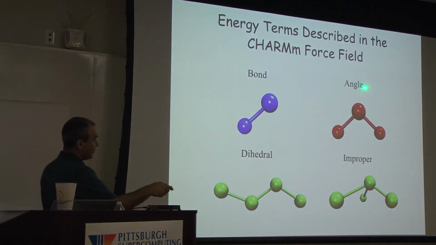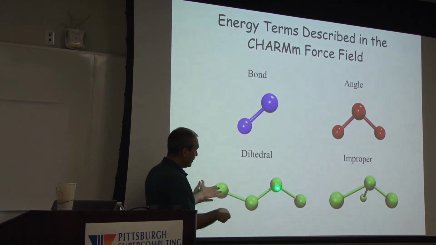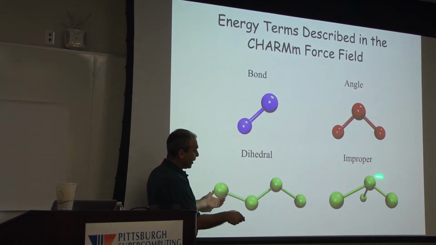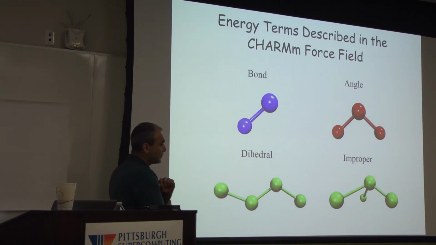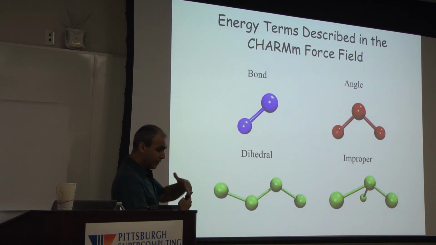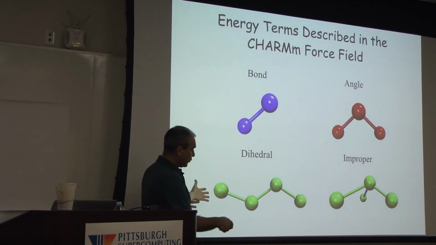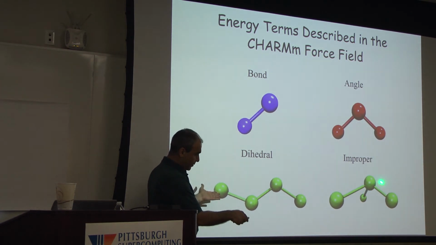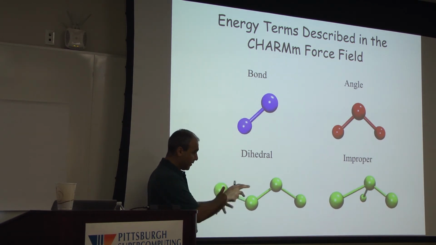So we talked about bonds, angles, dihedral angles. We also have improper dihedral angles. These are additional terms that are used to enforce particular geometries. A dihedral is the angle between 2 planes. One plane is usually the first 3 atoms, the second plane is the last 3 atoms, and you just look at the angle between them. You can define these 2 planes for 4 atoms in a different arrangement as well.